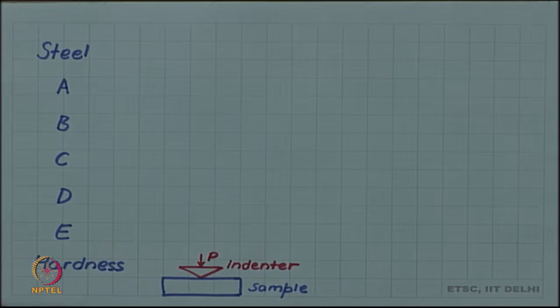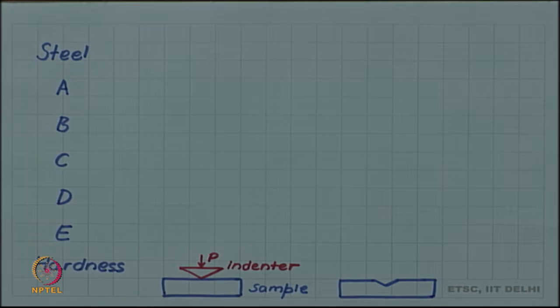If there is sufficient load to press it hard such that there is a depression or indentation created in the specimen, that is, the specimen is plastically deformed, then even after the indenter is removed, there will be a depression left, that is called an indentation.